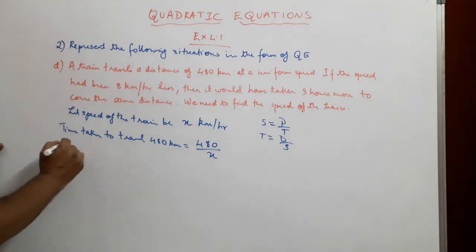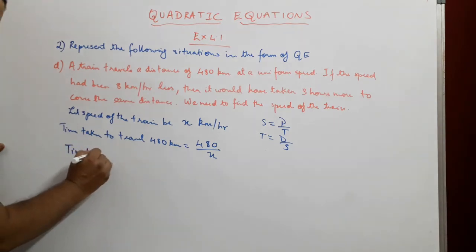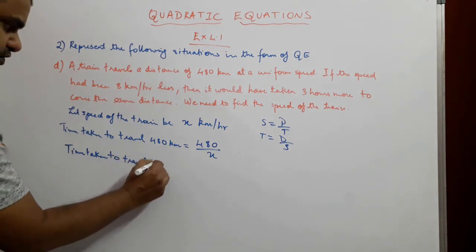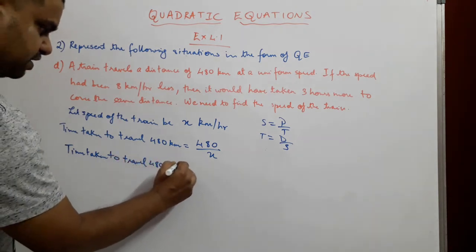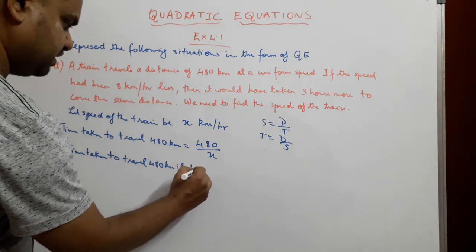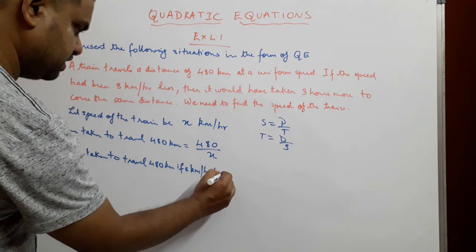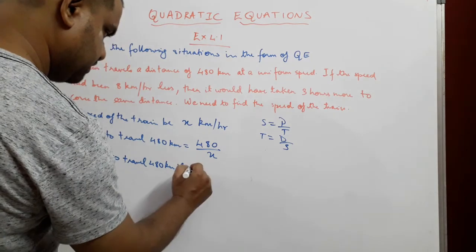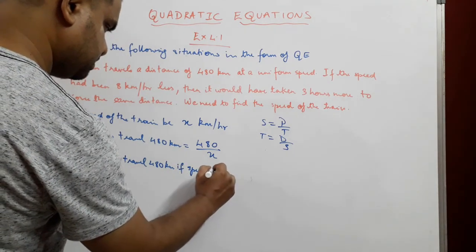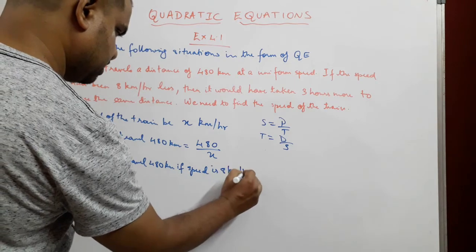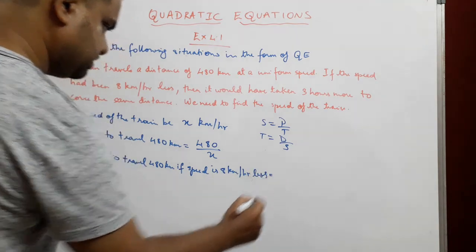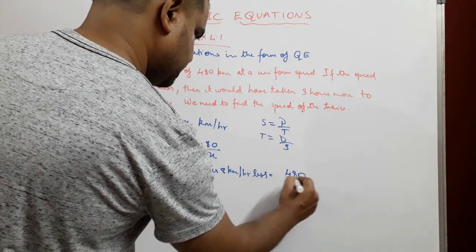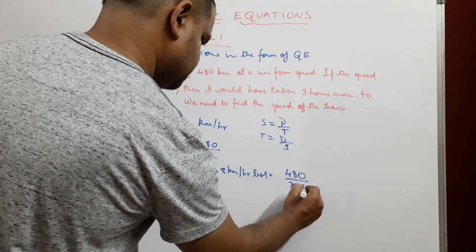So if the speed had been 8 kilometers per hour less, which means negative, what would be the time taken? The time taken to travel 480 kilometers if the speed is 8 kilometers per hour less will be 480 upon x minus 8.